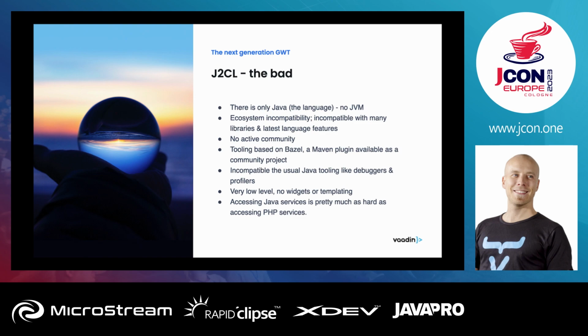And for example, the latest good language enhancements that we have gotten, like text blocks, are not available yet for J2CL. They will maybe come out at some point in the future when Google engineers have the time to implement it. But you cannot get everything else that happens in the Java ecosystem in J2CL applications.